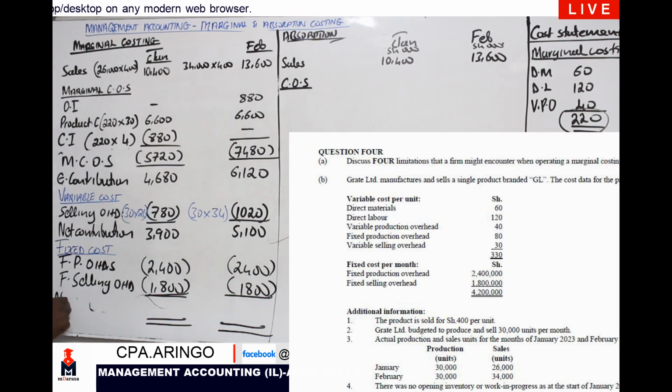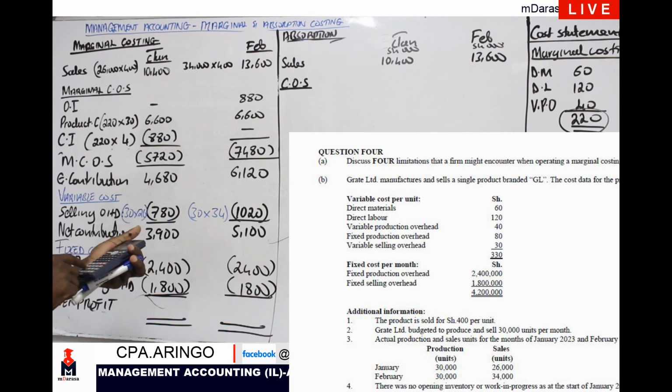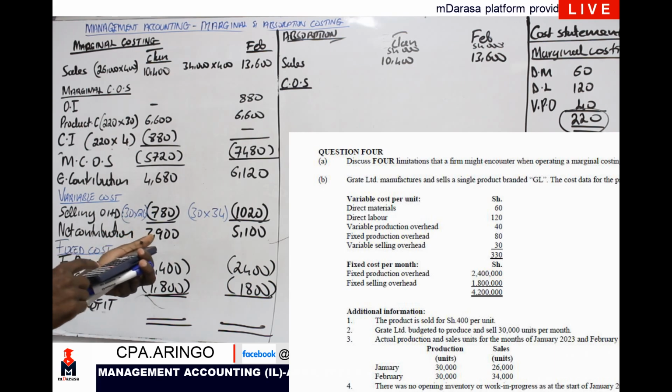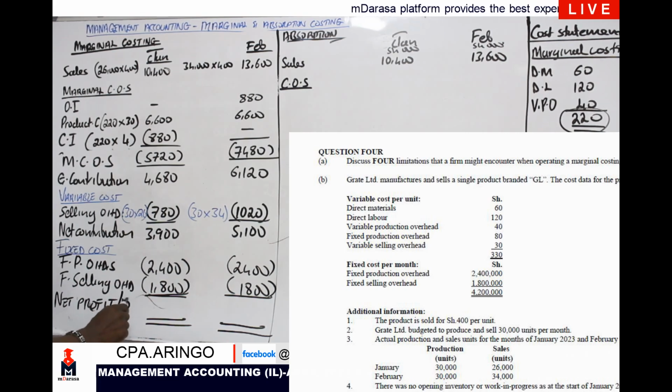In this case, I'm having our net profit to be 3.9 minus 2.4 minus 1.8. I can see I'm having a loss. So net profit or loss, in this case, I'm having a loss of 300,000, which is okay.